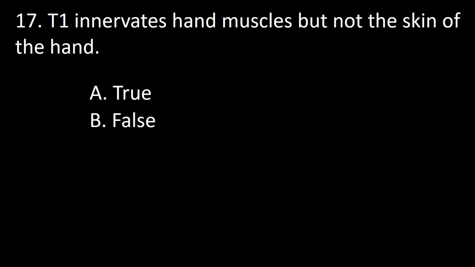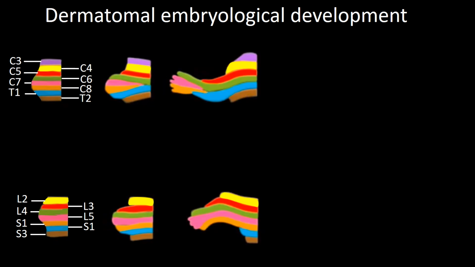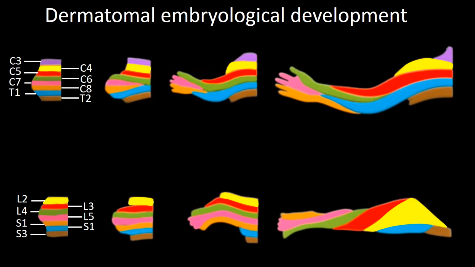Next question. T1 innervates hand muscle but not the skin of the hand. A true, B false. Limb development starts as bulges corresponding to the cervical thoracic regions and the lumbosacral regions. The bulging advances, taking the appearance of limbs and ultimately looking like limbs, but in the process, the initially orderly straight dermatomal arrangement seen at the beginning of the limb development becomes disrupted.